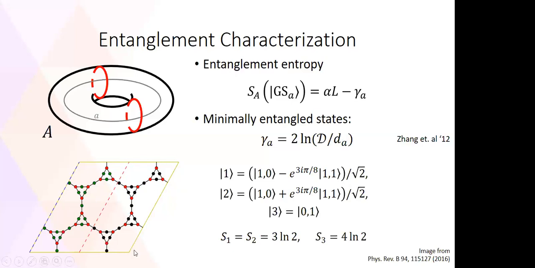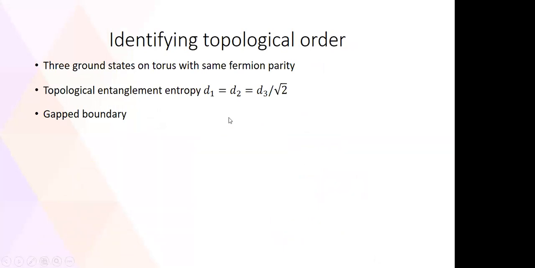So just by brute force, you can find these three, and you can find the entanglement entropy for them. And this entanglement entropy actually looks consistent with the Ising phase, meaning that probably the anionic quasi-particles in the system are identical to those in the Ising phase.